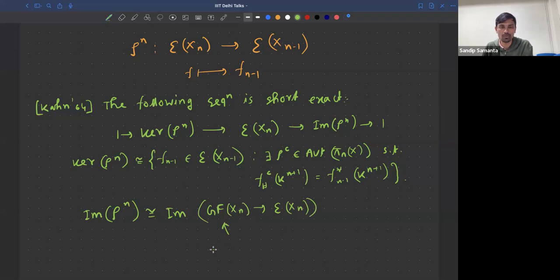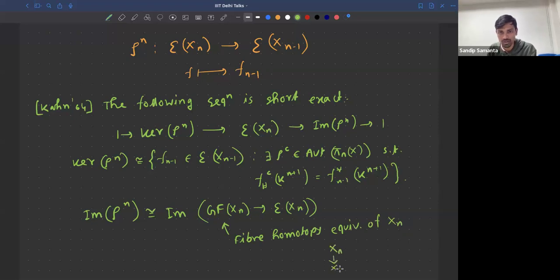This is the group of fiber homotopy equivalences of Xn. We have the fibration Xn to Xn−1, and a fiber homotopy equivalence means there is a map from Xn to Xn which fits into this commutative diagram.